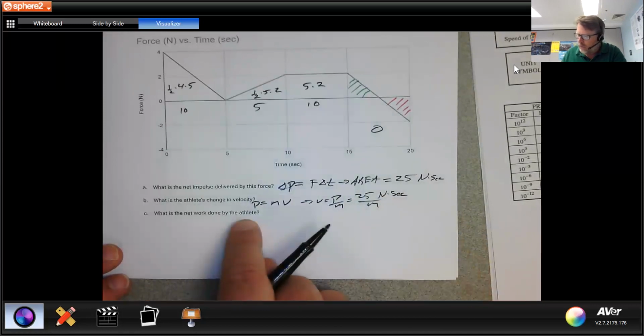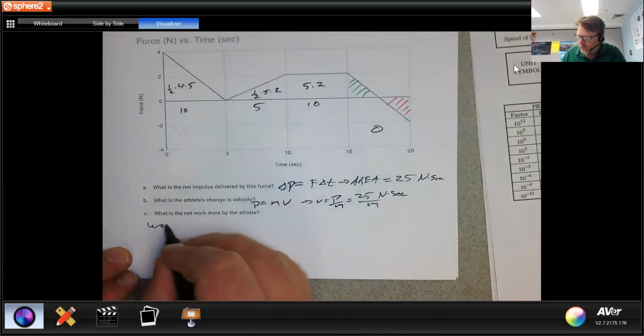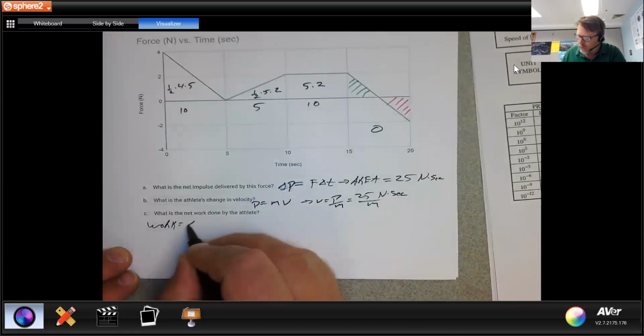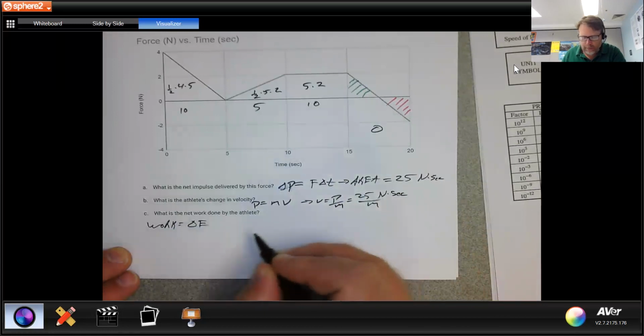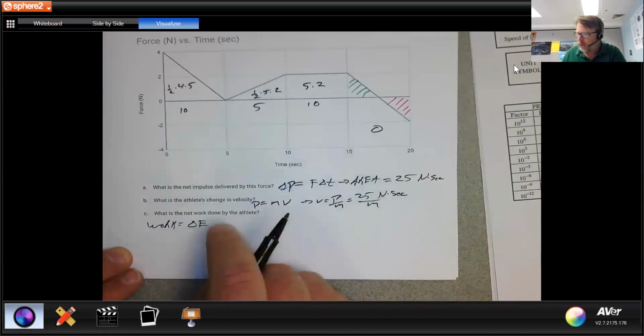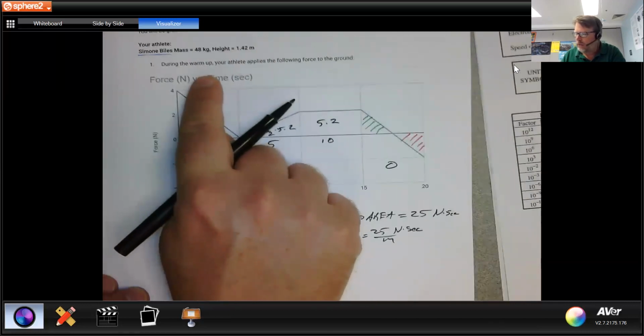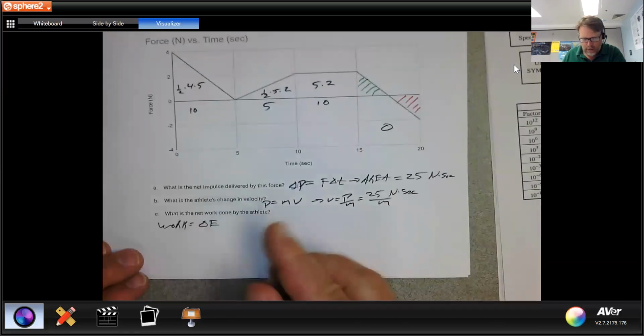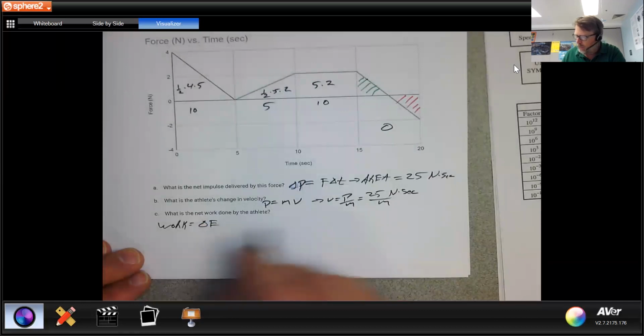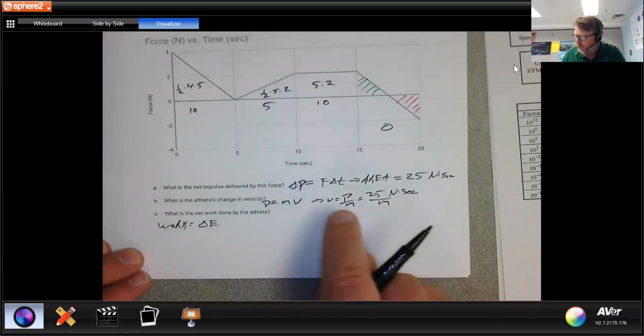Now, how do we do net work done? Work equals change in energy. That's one way we can do it. We don't necessarily know the starting speed, but we know its change in velocity.